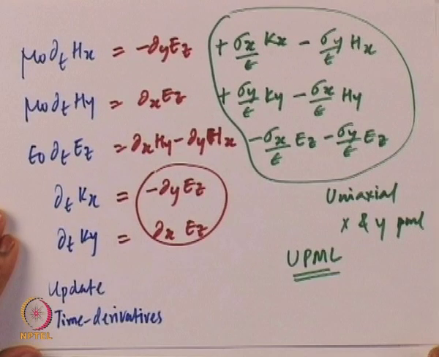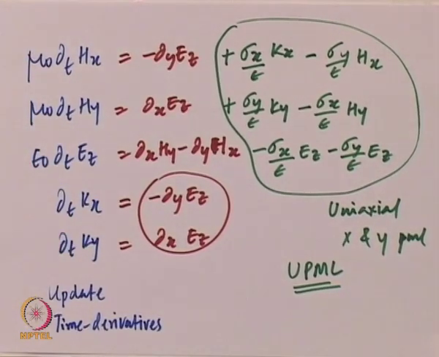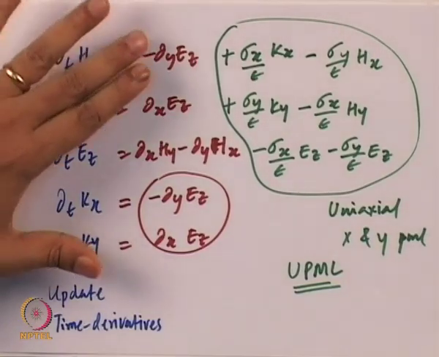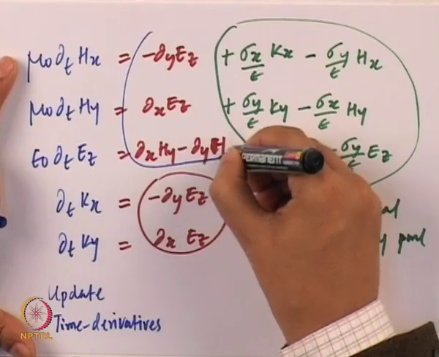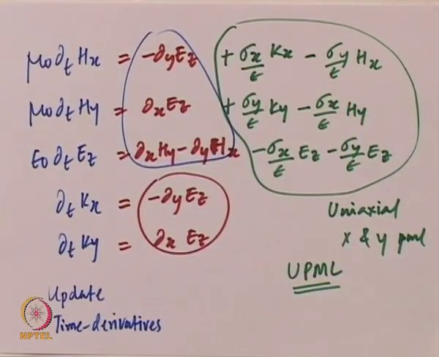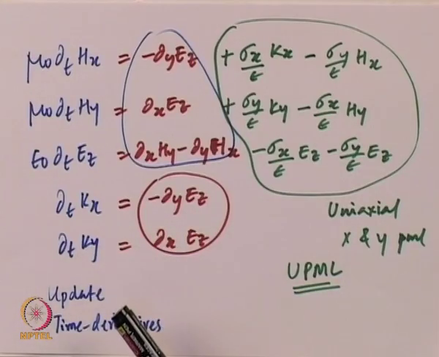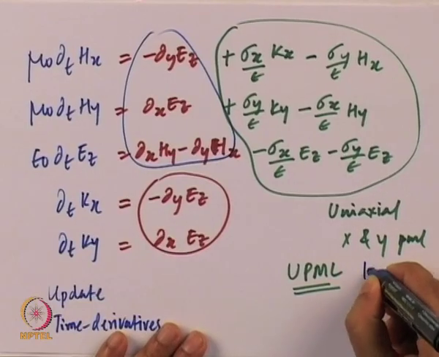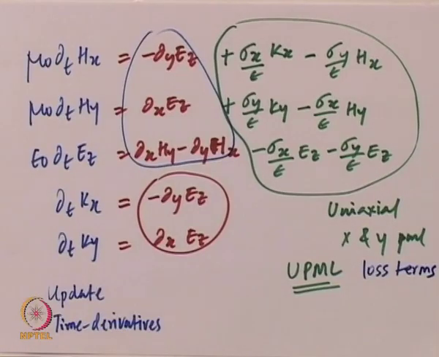So we have got 1, 2, 3, 4, 5 set of update equations, and we have got the flux terms that are due to the standard Maxwell equations for 2D problem, which is marked in blue here, and we have got two additional equations because we are talking about X and Y oriented uniaxial PML, and the green terms what we have got here are the uniaxial XPML loss terms. So these are the loss terms that we are going to have.